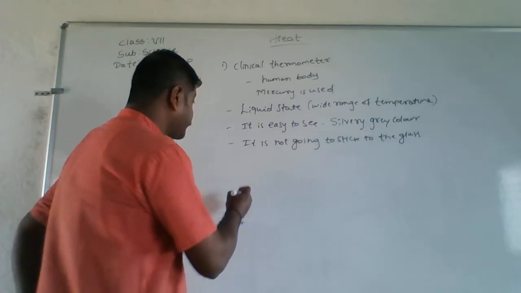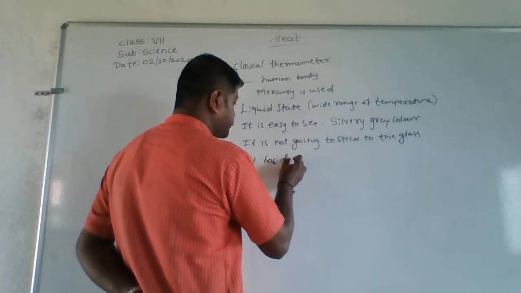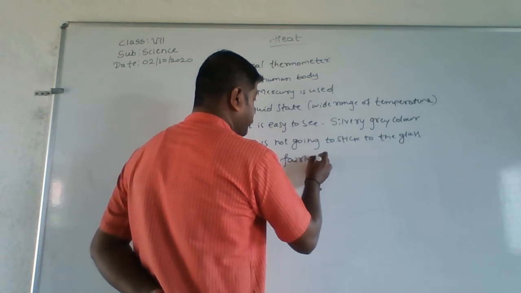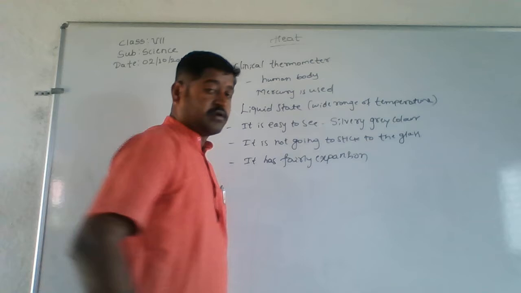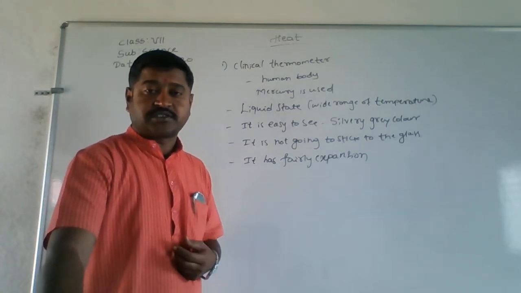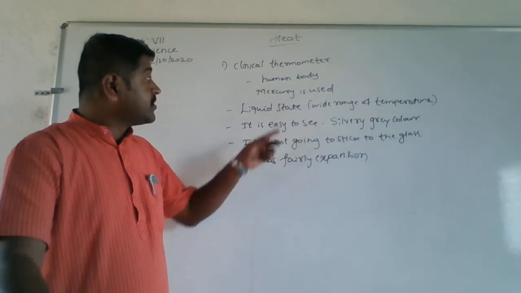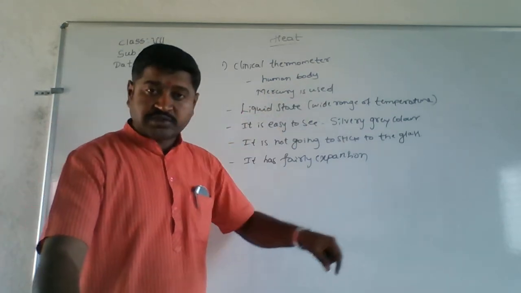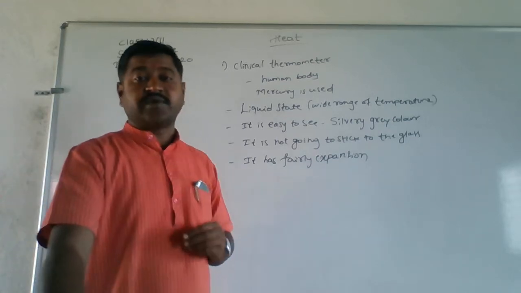And then it has a fairly uniform expansion rate for a wide range of temperatures. Is that clear? So this is why mercury is used in thermometers. Why not other liquids?